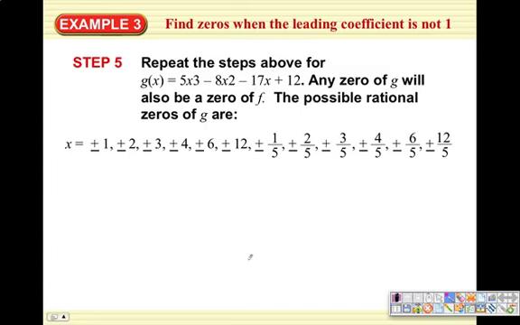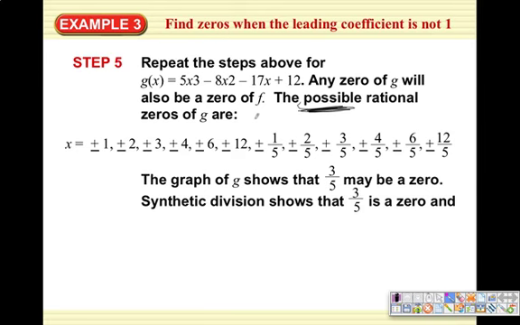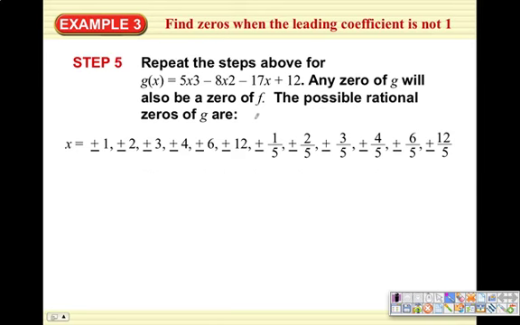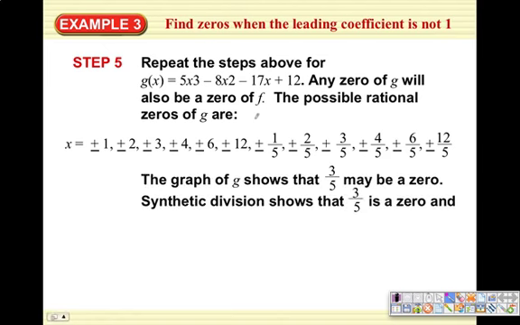Now they do step 1 again, which I did tell you to do, but you don't have to do this step. They found all the possibilities again, so we can narrow down our list by the graph. So we type it in and go to the graph, which they don't show, but they tell you in words that the graph shows that 3/5 could be a 0.